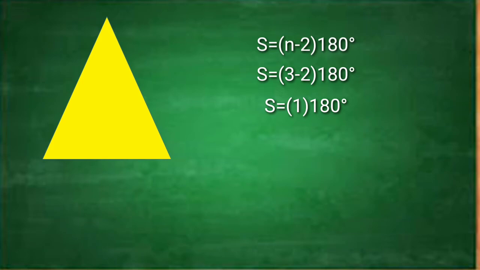So we have 3 minus 2 equals 1 times 180 degrees. So we have S is equal to 180 degrees. Therefore, a triangle has a sum of 180 degrees.